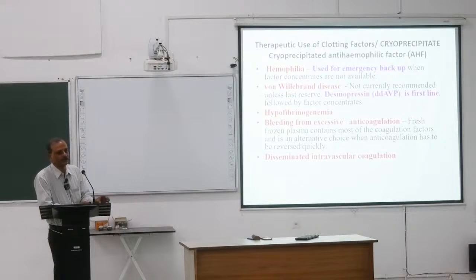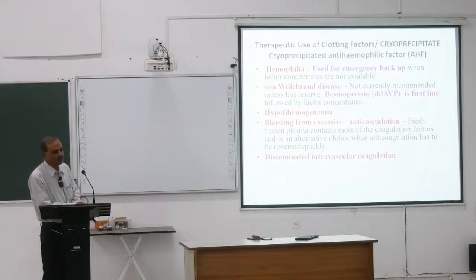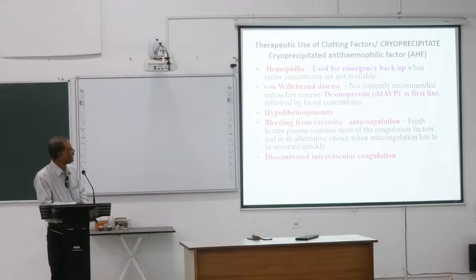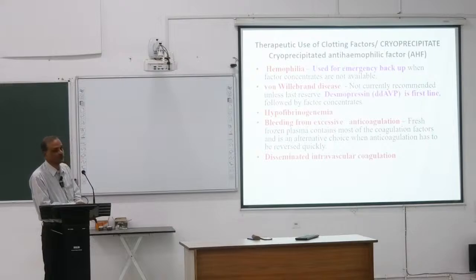So when factor 8 injection is not available, cryoprecipitate is given as a therapeutic measure to hemophilia patients, as an emergency backup. For von Willebrand disease, normally this is not given, but desmopressin is the drug of first choice. If there is hypofibrinogenemia, in that case cryoprecipitate is given because the fibrin network will not be formed when there is a low level of fibrinogen.